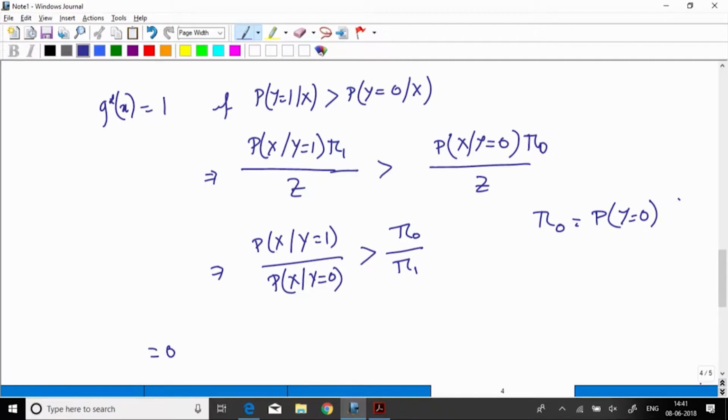This is the prior probability of the class. And Z refers to the sum of all of these.